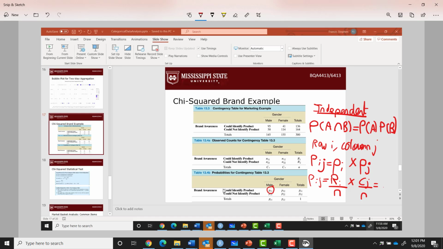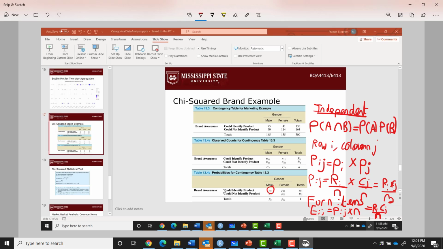So we get Ri times Cj all over n squared. But for n items, the expected number that we're going to get in row i and column j is just that times n. So it's going to be Pij times n. Each item has this probability, so we do it n times, we multiply it by n. So that's just going to be Ri times Cj, all over n.